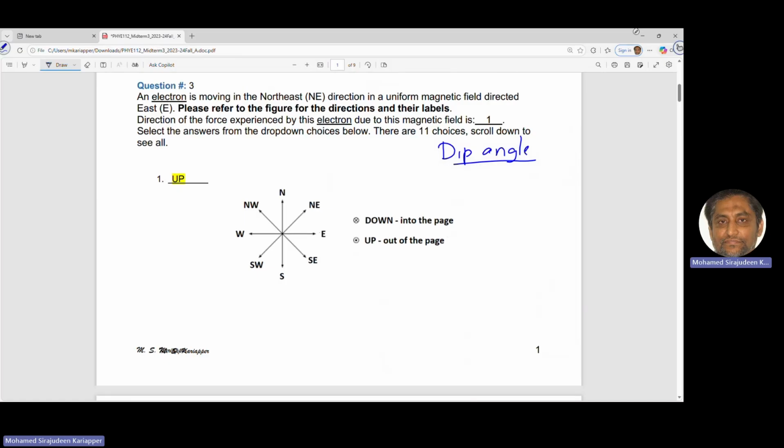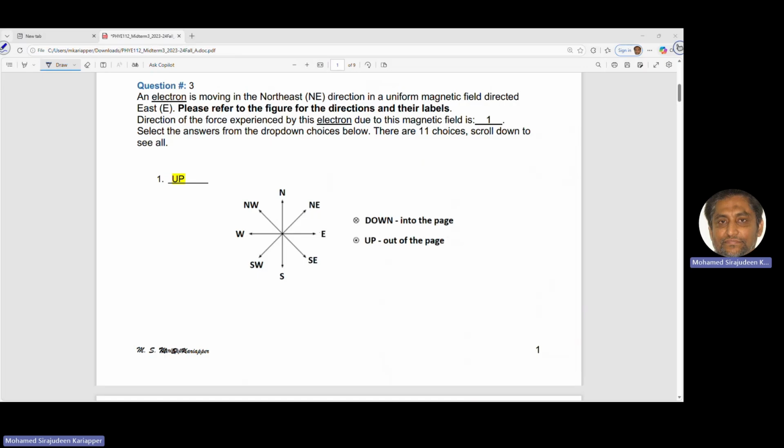Number 3. Now we come to it. There will be a lot of questions, and sometimes what students find difficult is getting the direction. Magnitude you will calculate if you can pick the formula, but the direction is harder. So we have a question here to find the direction.